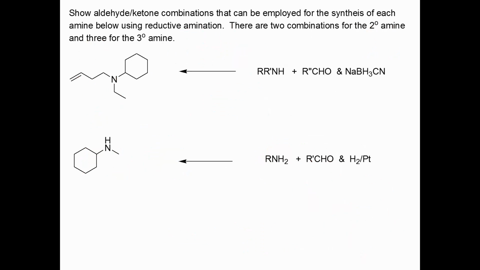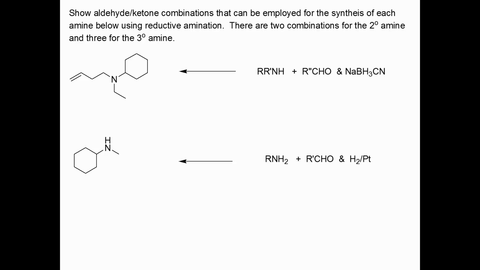All right, so we're going to do a couple of problems here. Now we're going to show aldehyde and ketone combinations that can be employed for the synthesis of each amine. If it's a tertiary amine, there are going to be 3 combinations of aldehydes and amines, or ketones and amines. If it's a secondary amine, there's only going to be 2.